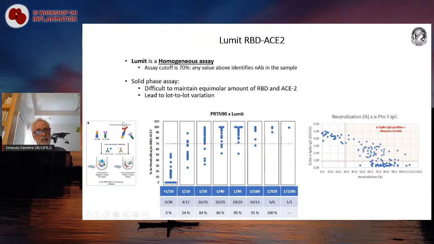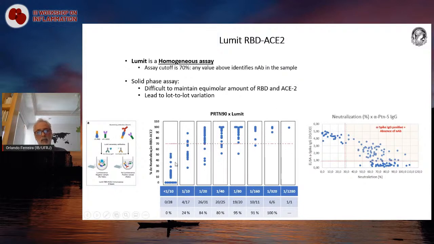So it's a very easy reaction, and when they get together, it emits light, and this is detected in the luminometer. The reaction takes about 2 hours to occur, and for the cutoff you measure the percentage of inhibition of the binding, and when you have 70% inhibition of the binding, then you have identified the neutralizing antibody.